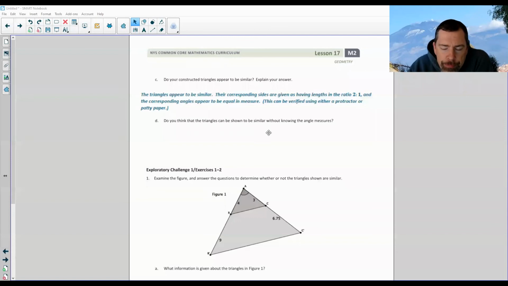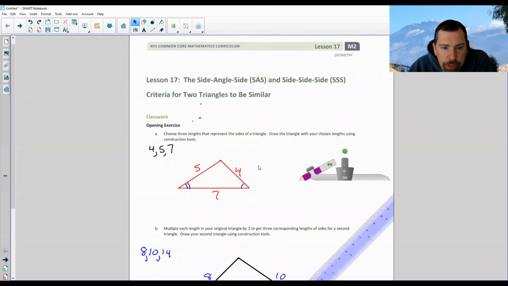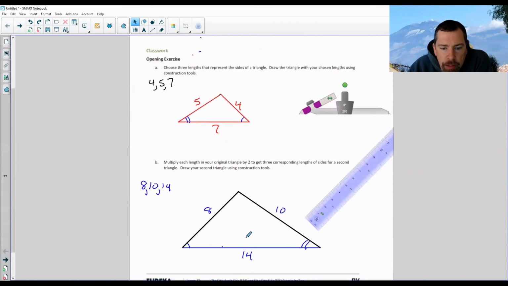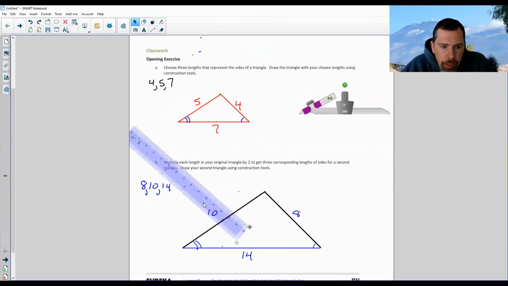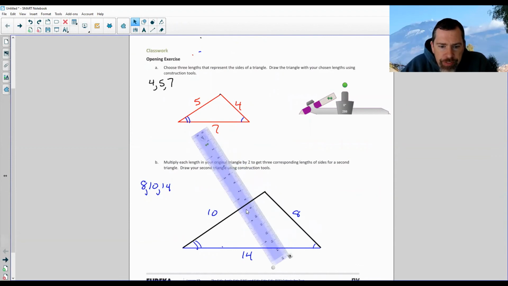Okay, so the only thing I would say about that would be, if you're not going to measure the angles, the only other way we could do this would be if I rotate this, and let me do it. Okay, so I flipped these over the way they should be. I did a reflection.